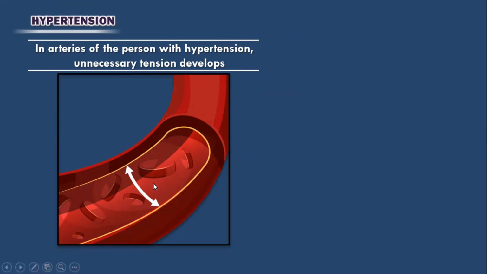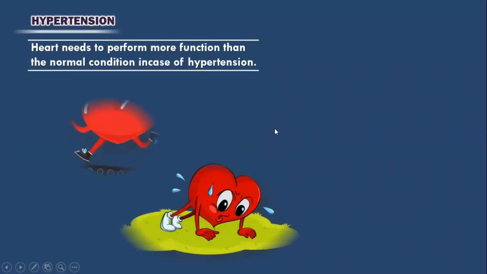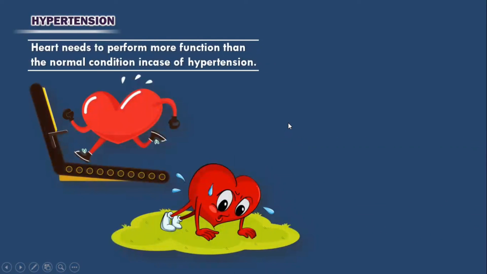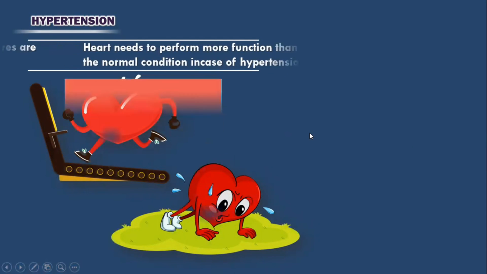That's the reason blood is not passing well. So the heart needs to perform more function than in a normal condition. In hypertension, heartbeat rate increases, which is not good for our body.